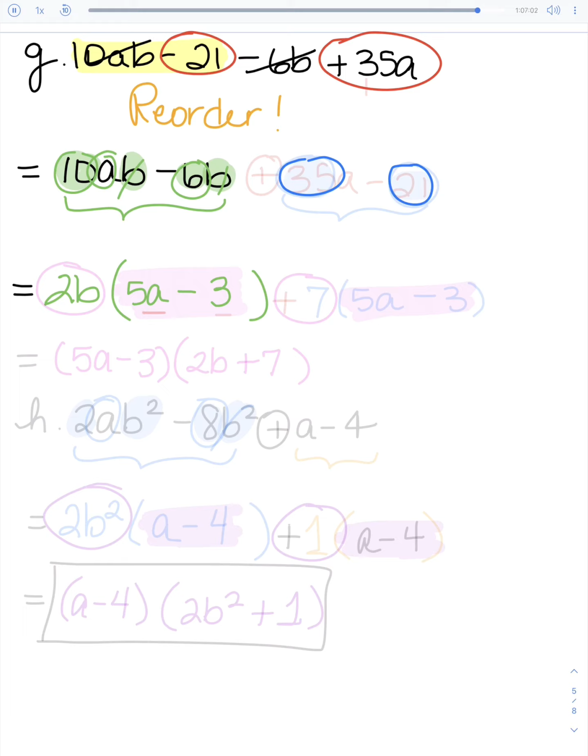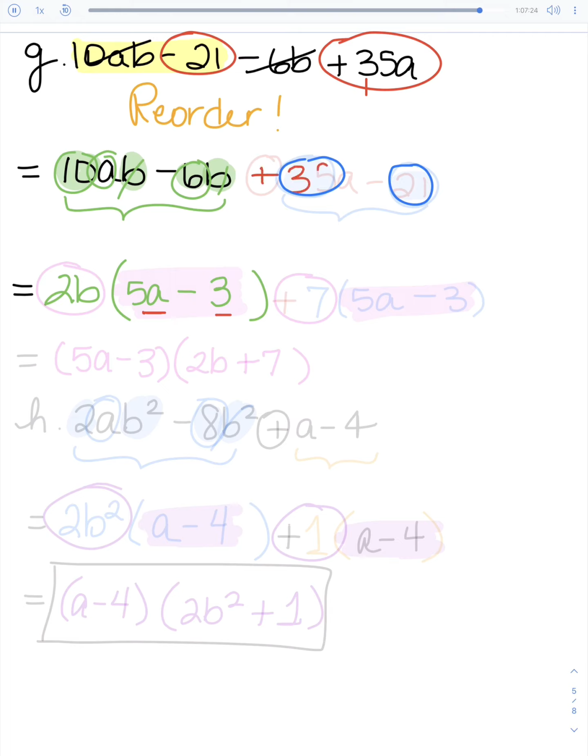Let's look at the second two now that we haven't used, the negative 21 and the 35a. We're trying to figure out what order we need to put those in. Well, notice our leftovers have an a term first and then a term with no variables in it second. What that means is I want to have my a term first, which means that 35a needs to come first.